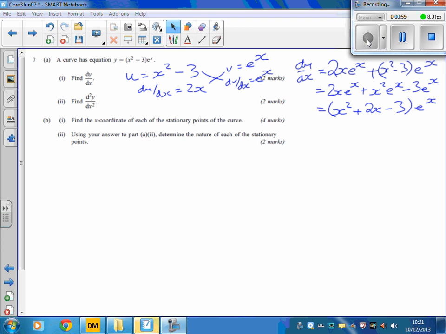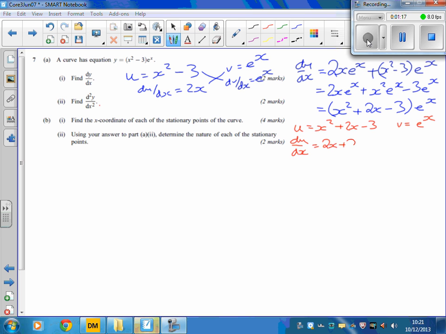Let's go again then. We've got to differentiate this thing again now, and that is why doing that was so useful. So we can now let u equal the first bit here, and let v equal the e to the x again. du by dx is 2x plus 2, and dv by dx is simply e to the x.